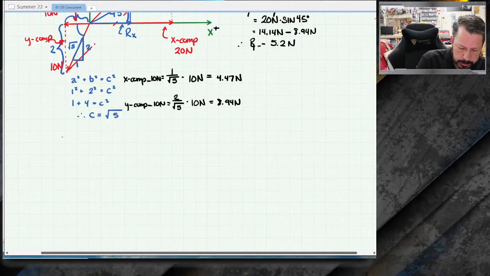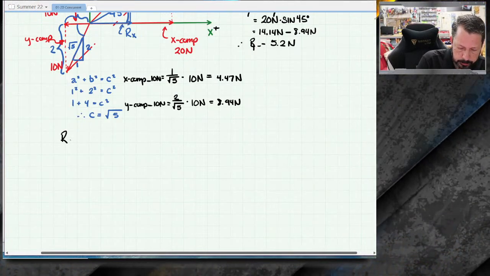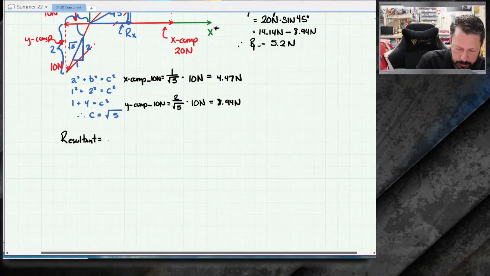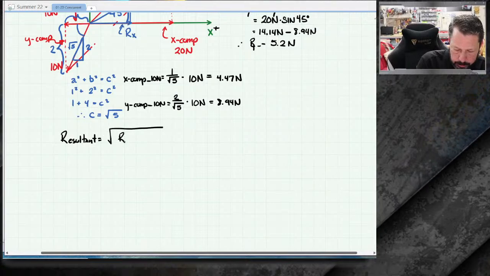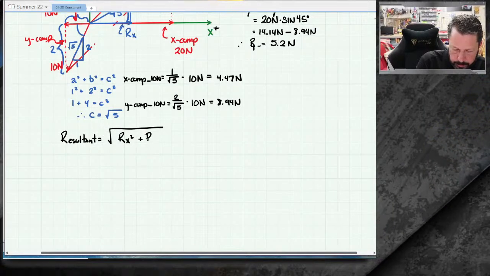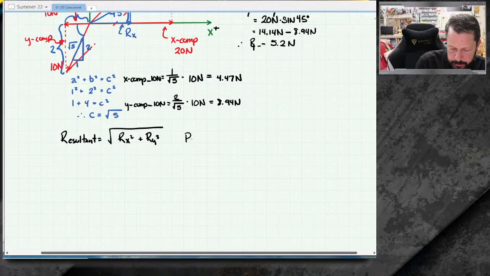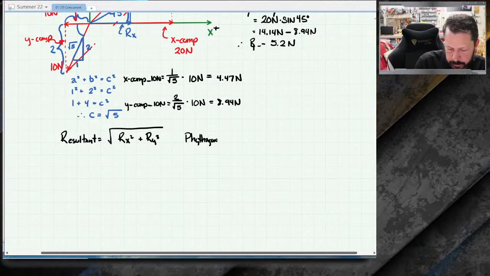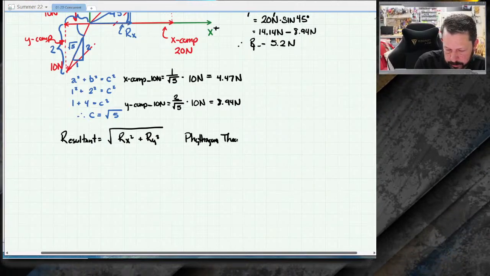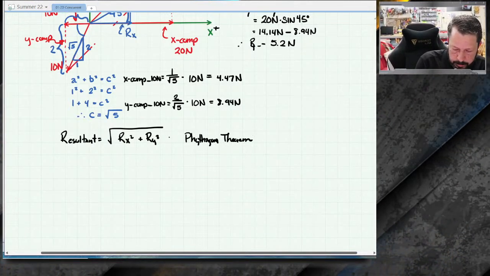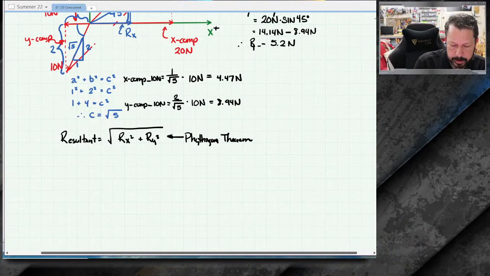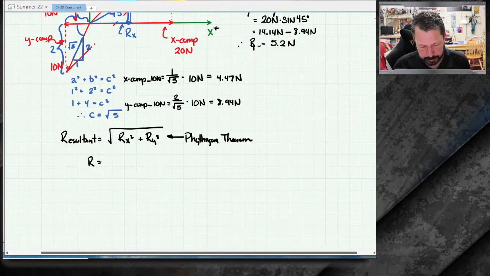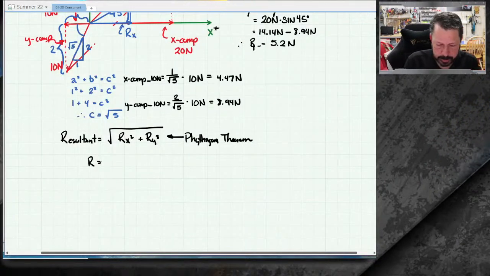So all we did was R, the resultant, equals the square root of Rx squared plus Ry squared, which is just the Pythagorean theorem. And we plugged in our values, and it ended up that R was right at 11 newtons, 10.979.